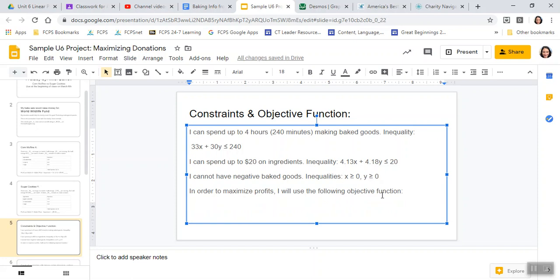Now I'm going to do my objective function. My objective is to have the most profit as possible so I can have the largest donation for my charity. So my objective function is about the profit. So let's go back and see.